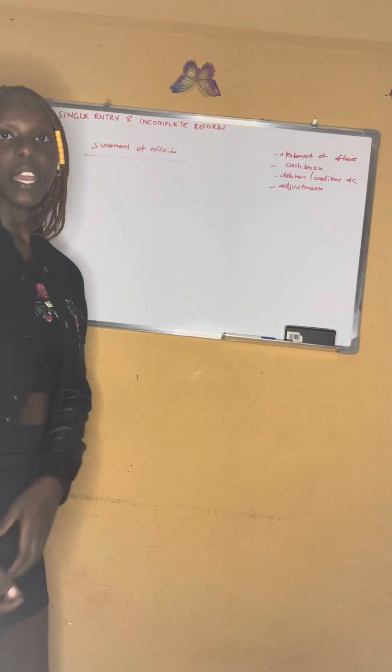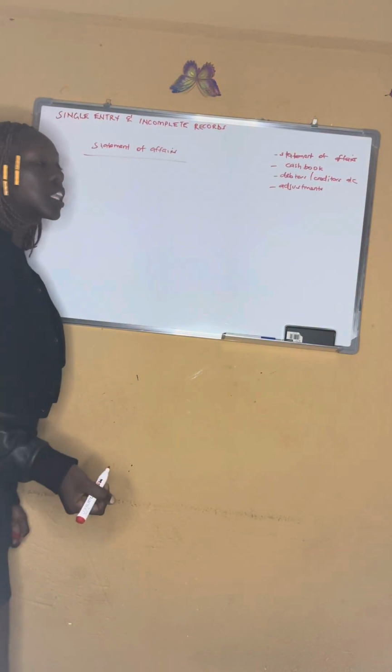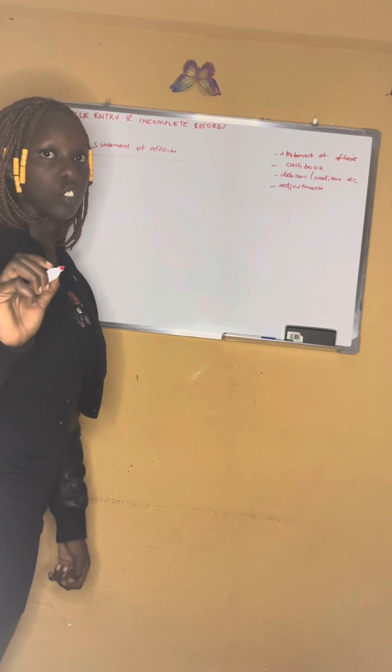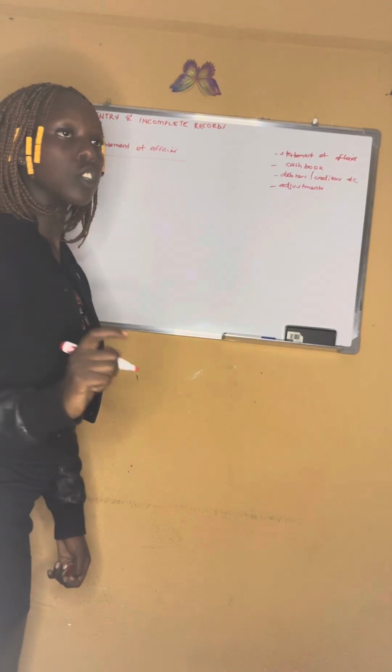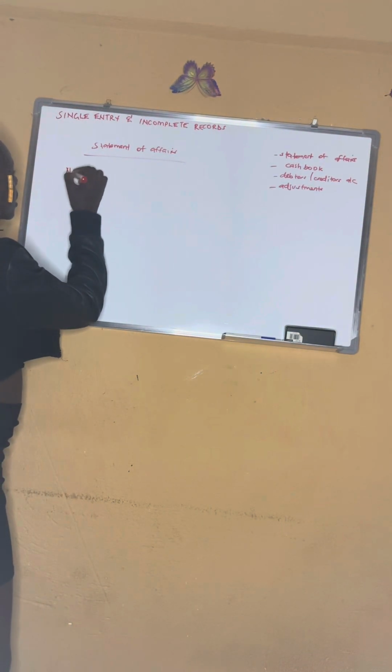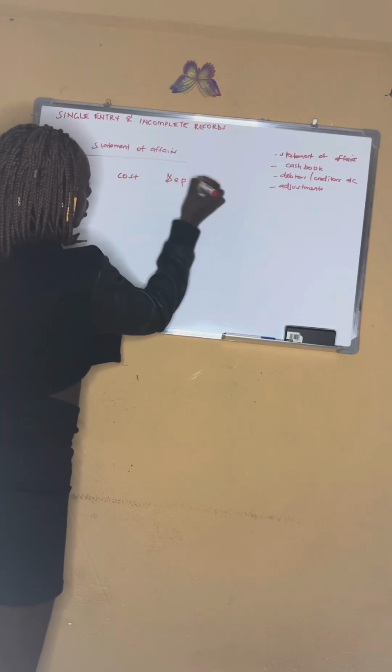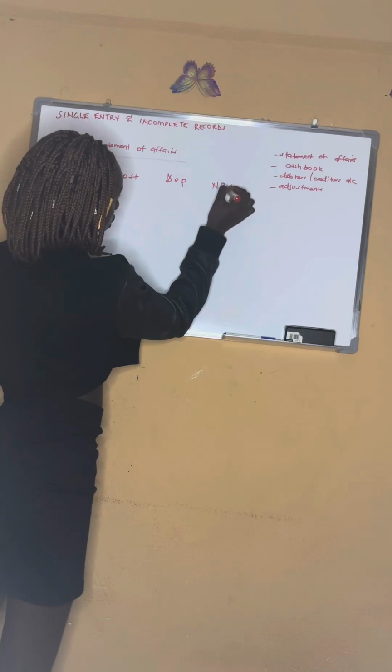How does it look like? The statement of affairs looks like a statement of financial position. The statement of financial position starts with non-current assets. Here there is cost, there is depreciation, there is net book value.